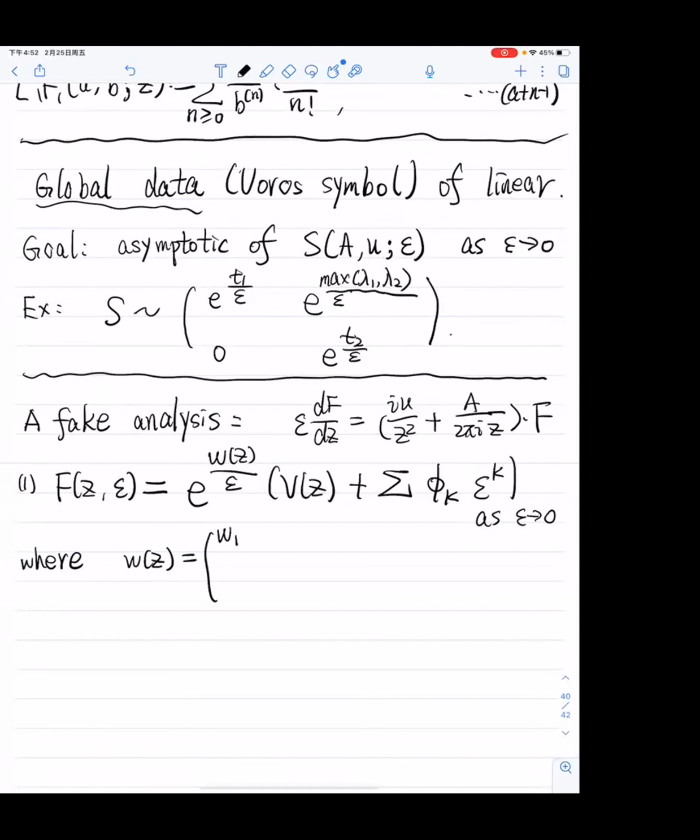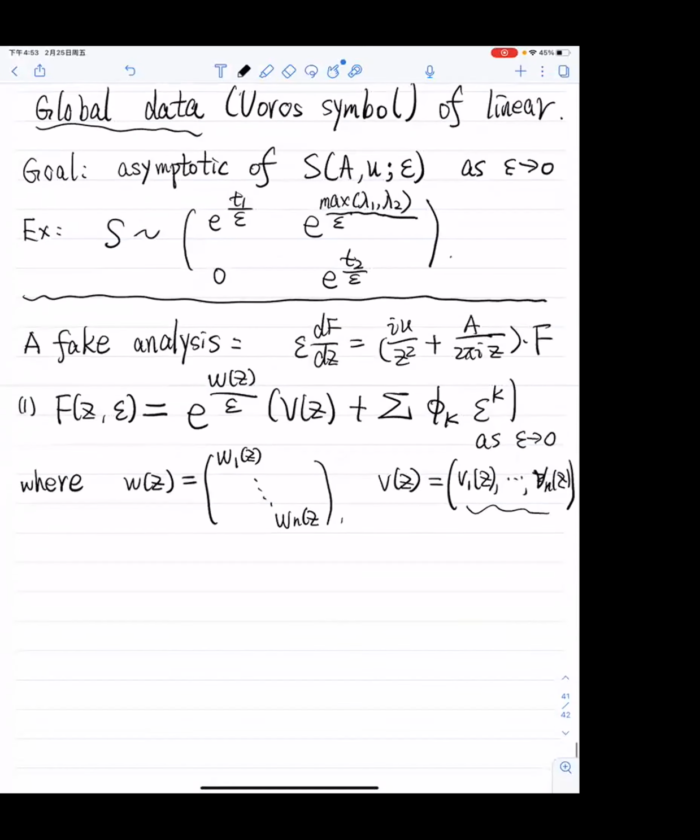Everything here is diagonal, n by n matrix. And V(z) is also an n by n matrix. I denote each of its columns by V_k, up to V_n. So this is an n by n matrix, I only write down its columns.